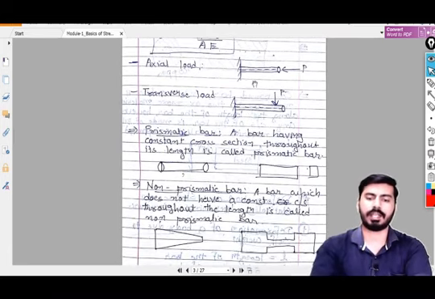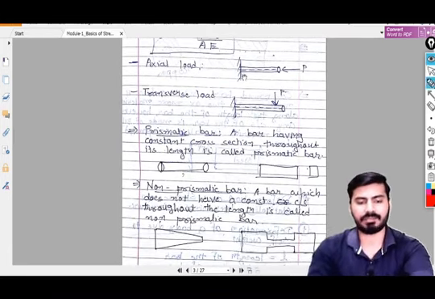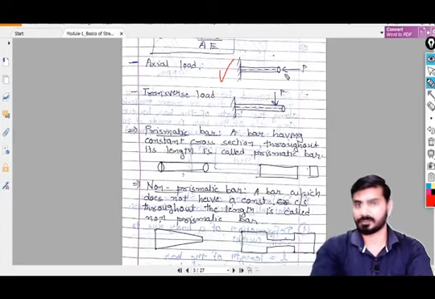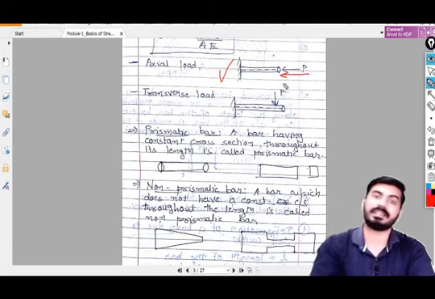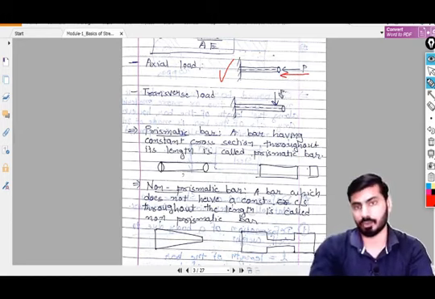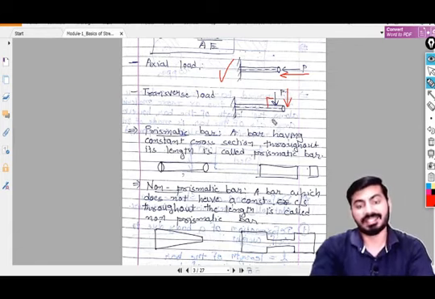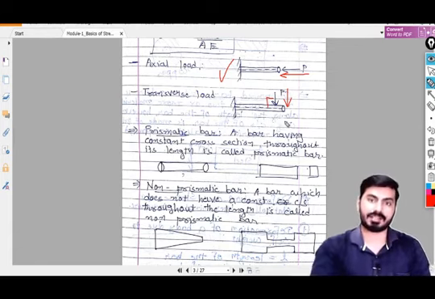Now we will move on to the next topic, and that is the axial load and transverse load. So if you take an example that we have introduced in this diagram, this diagram is basically of a cylindrical bar or a cylinder. The axis of this cylinder is represented by the dotted line. If you are applying the external force P in the direction of the axis, then this type of load is known as an axial load. But if you are applying a load which is perpendicular to your axis, as you can see, the angle between your axis and the direction of the force is 90 degrees, and that's why this type of load is known as a transverse load.